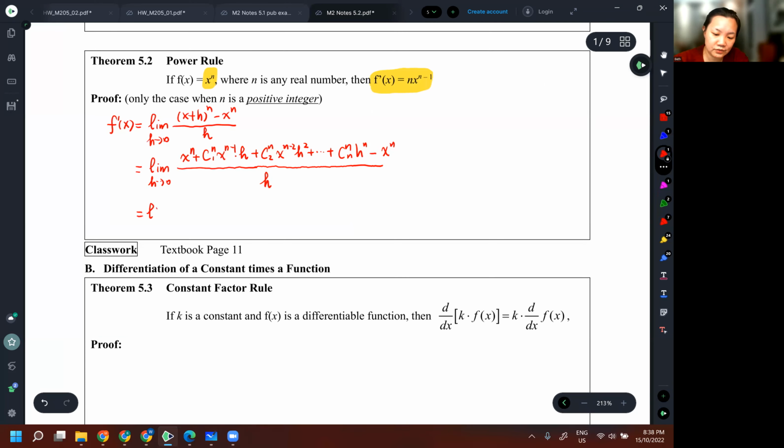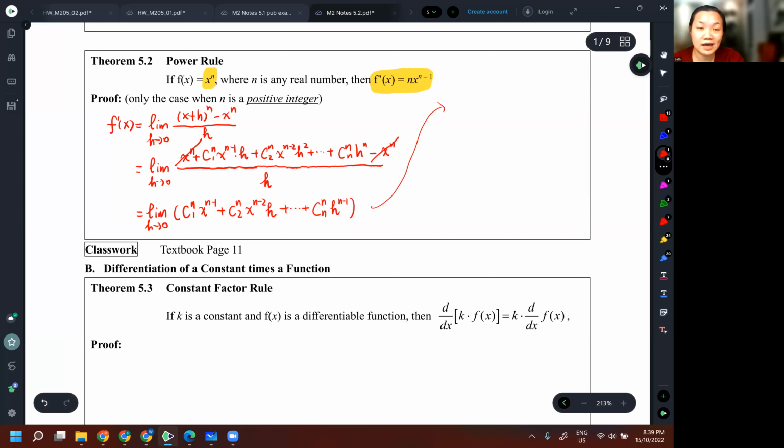This is equal to, the first term is deleted. Now you have every term, but every term needs to be divided by h. You're left with nC1 x^(n-1) plus nC2 x^(n-2) h, and the last term is nCn h^(n-1).